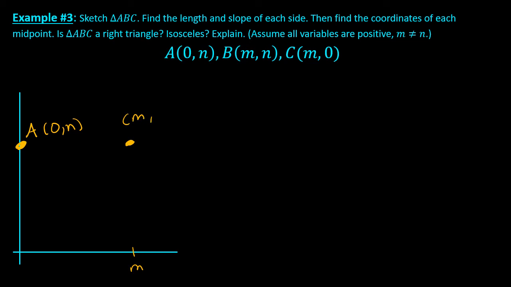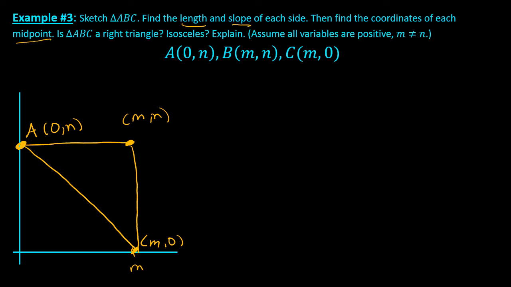So I have this point (m, n), and then I'm going to go over m, and I'm going to go up 0, and then I'm going to connect these 3 points. All right, so now it asks us to find the length, the slope, and the midpoint of each side. So here's the difference. You're just going to be using letters, which I know you guys don't love, but I'm going to do one set of sides, and then I want you guys to do the other ones on your own.